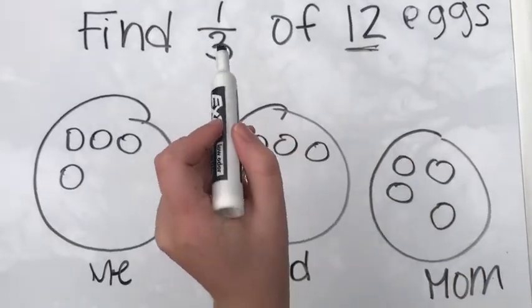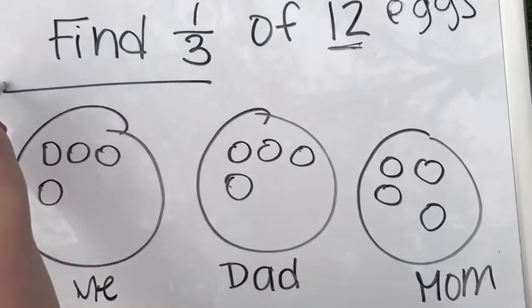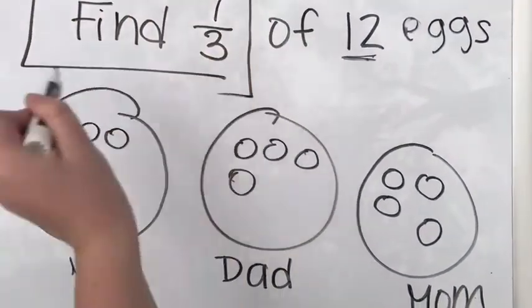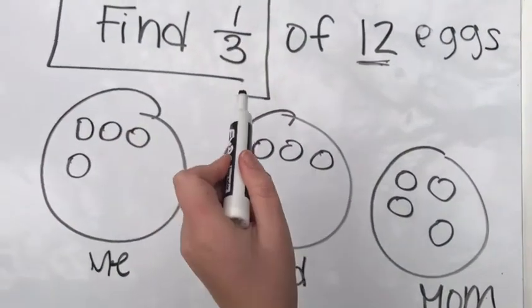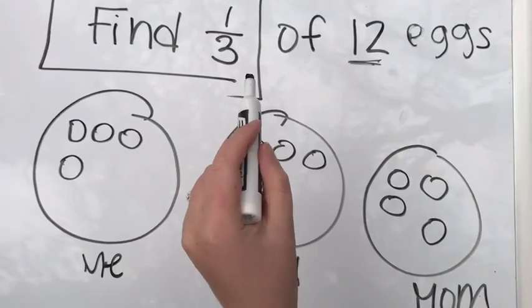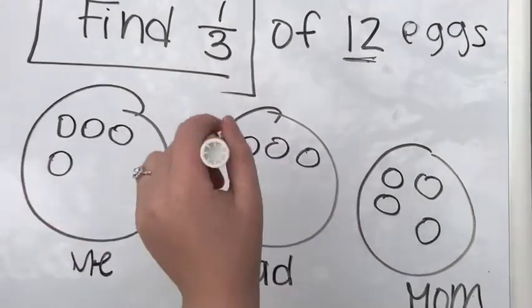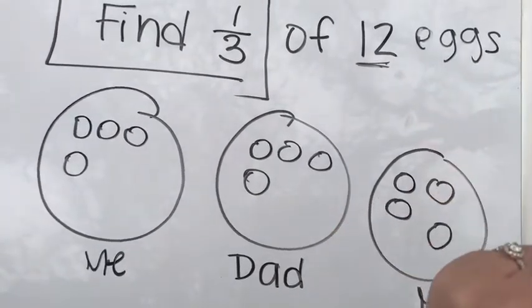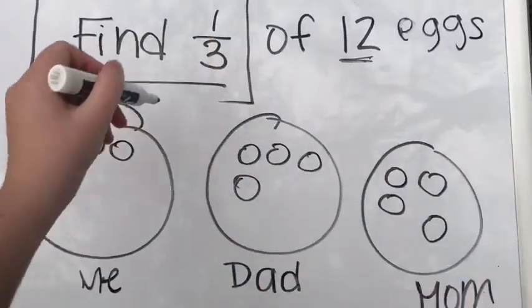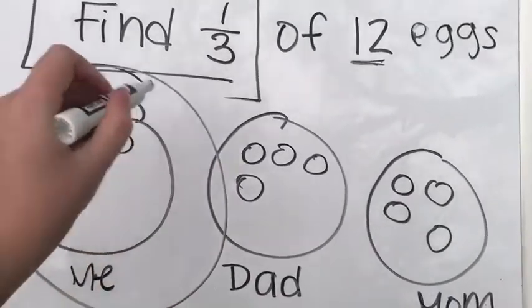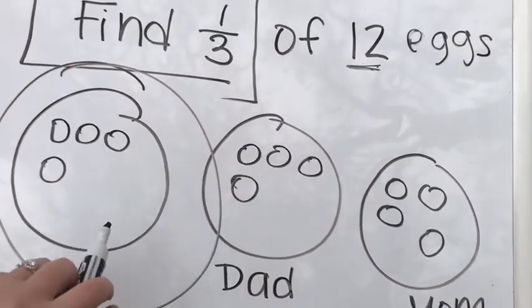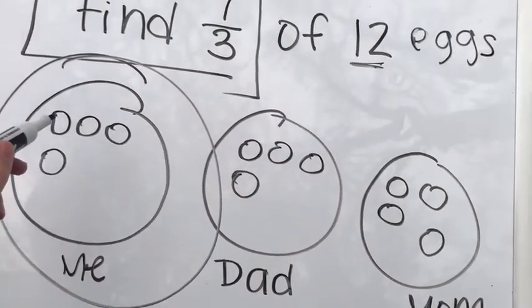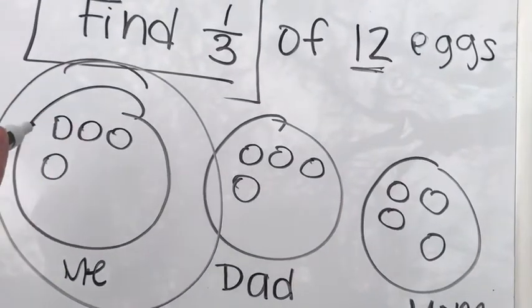Now we need to look at our answer. To find our answer, we need to find 1/3. So if we have 3 equal parts, what is my 1/3? Right, exactly. We're going to look at this part. We're going to look at mine. So how many eggs did I get?